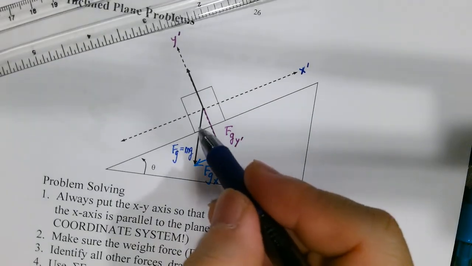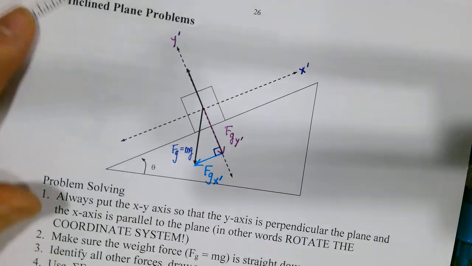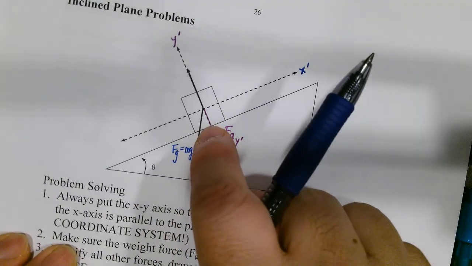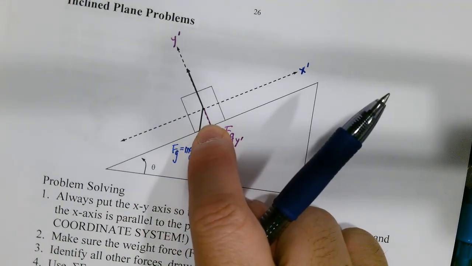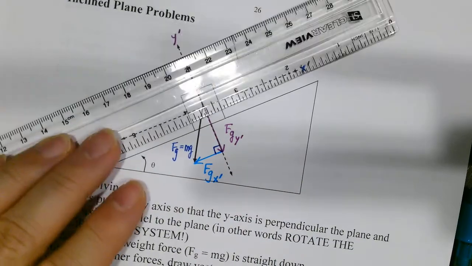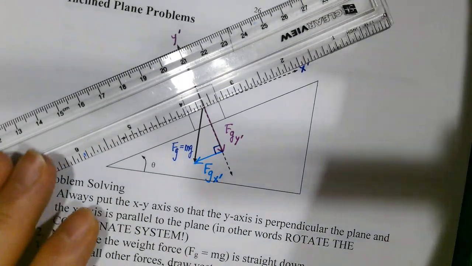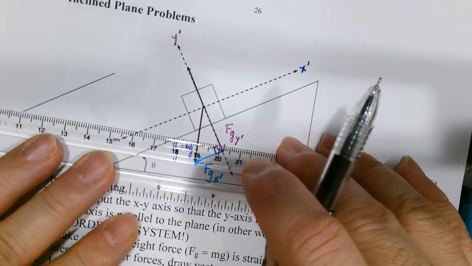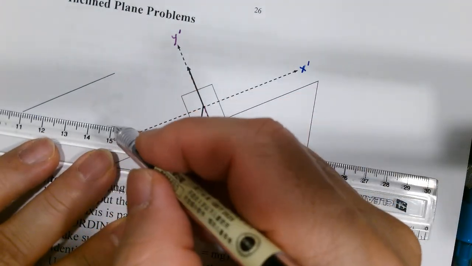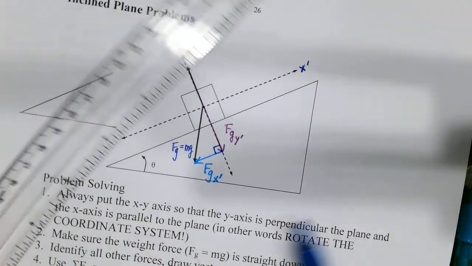But what is this angle right here? Well, if I were to look at this on a separate triangle, let's see if we could derive this together. All right. So here I have this, right?